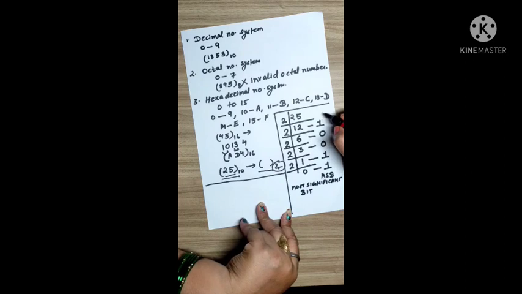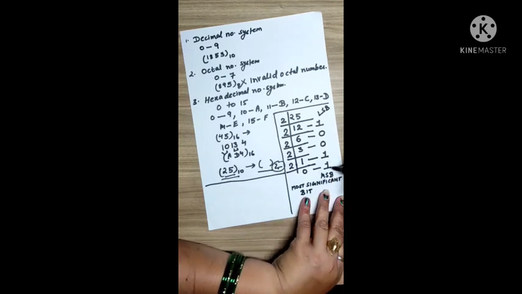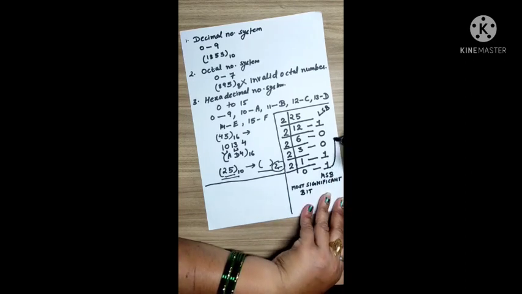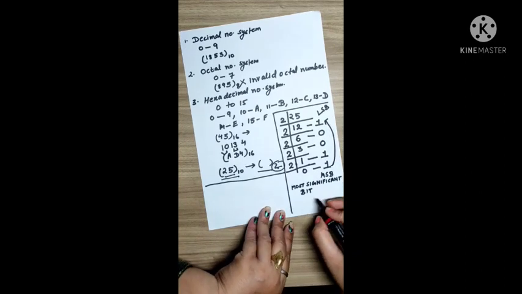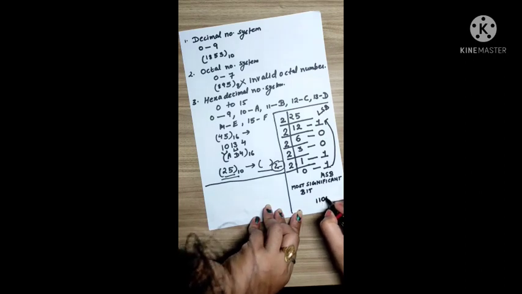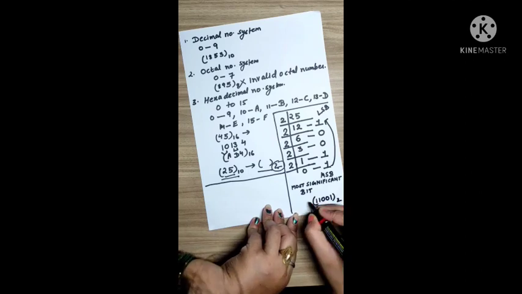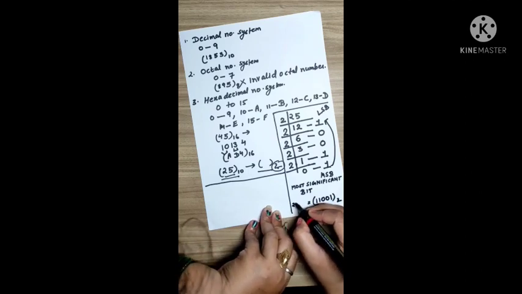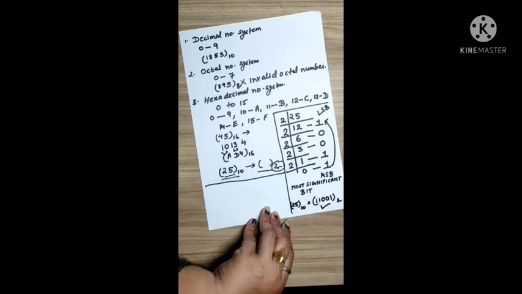And the top one is known as LSB, which stands for least significant bit. Now how to write the answer? You will start from MSB and keep on writing up to LSB. So the value will come 1 1 0 0 1 to the base 2, and it was in decimal 25 to the base 10. So the answer is this one.